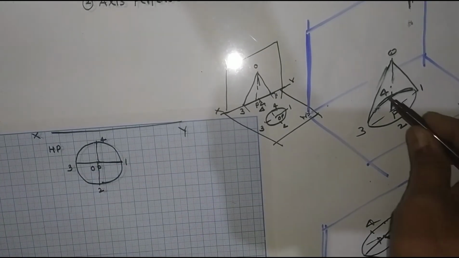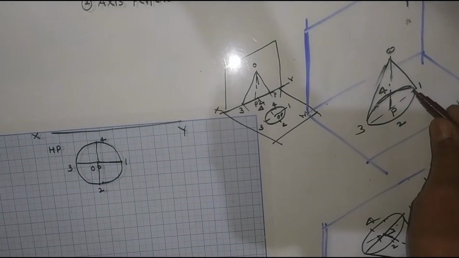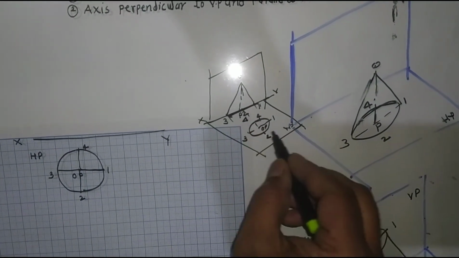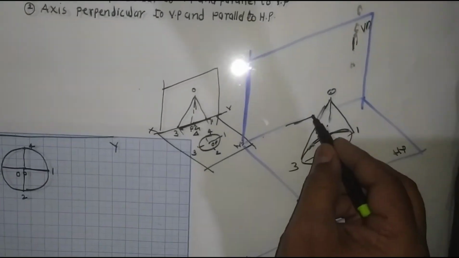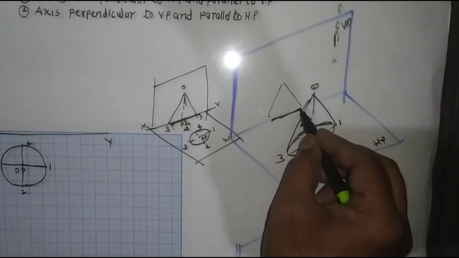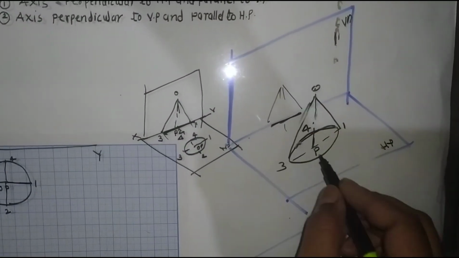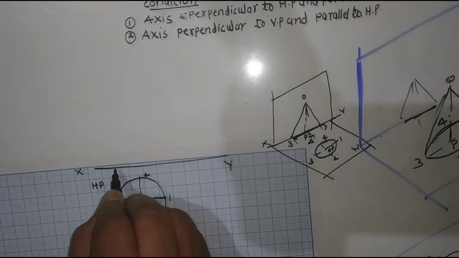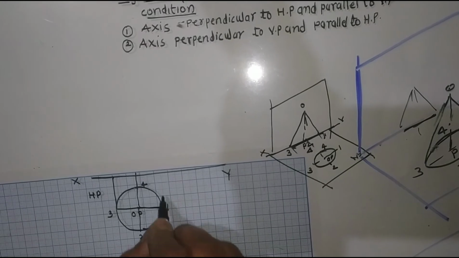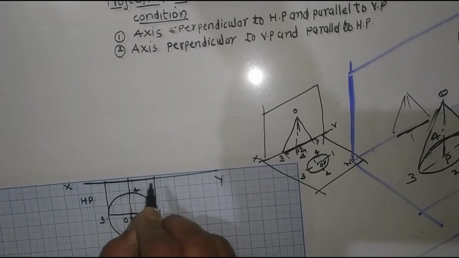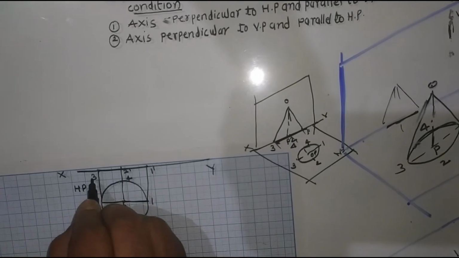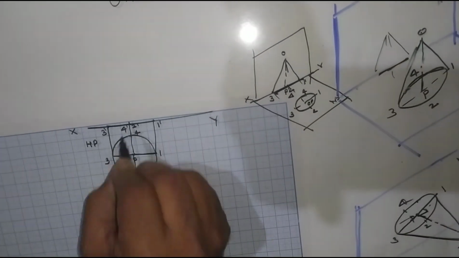What is the projection here? We have studied that the base is a circular plate, so a single line is observed. It is lying on HP, so a single line is observed here, and this is a triangle here. This is the axis, and the single line of the base. So I will transfer these projections here. I will name them 1 dash, front side 2 dash, 3 side and back side 4 dash.